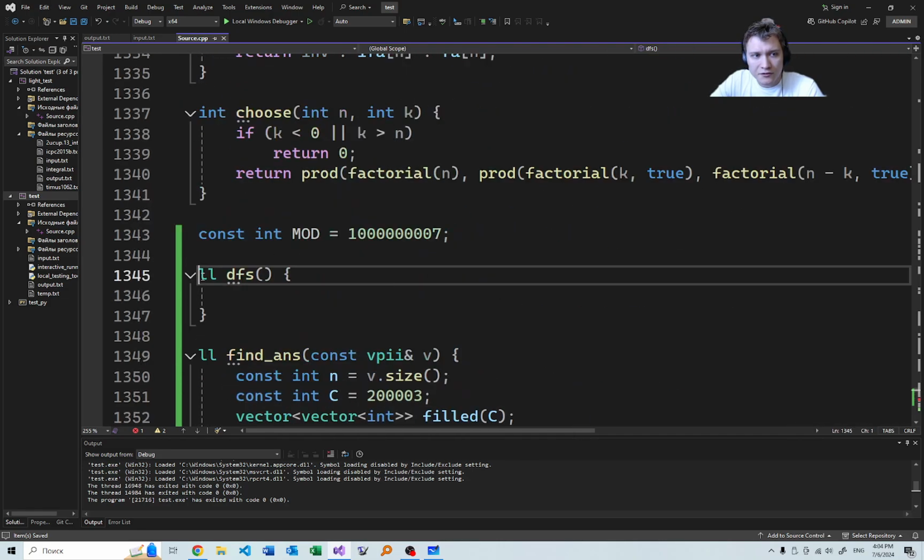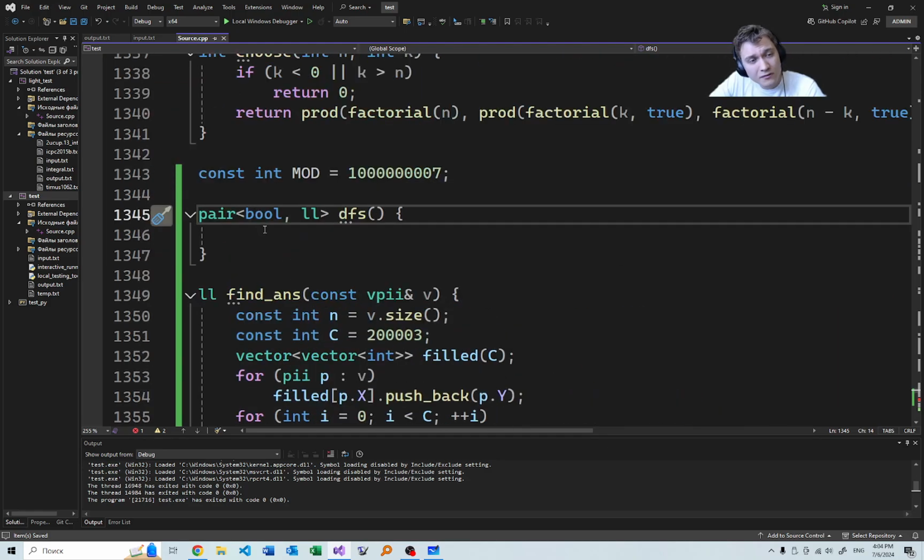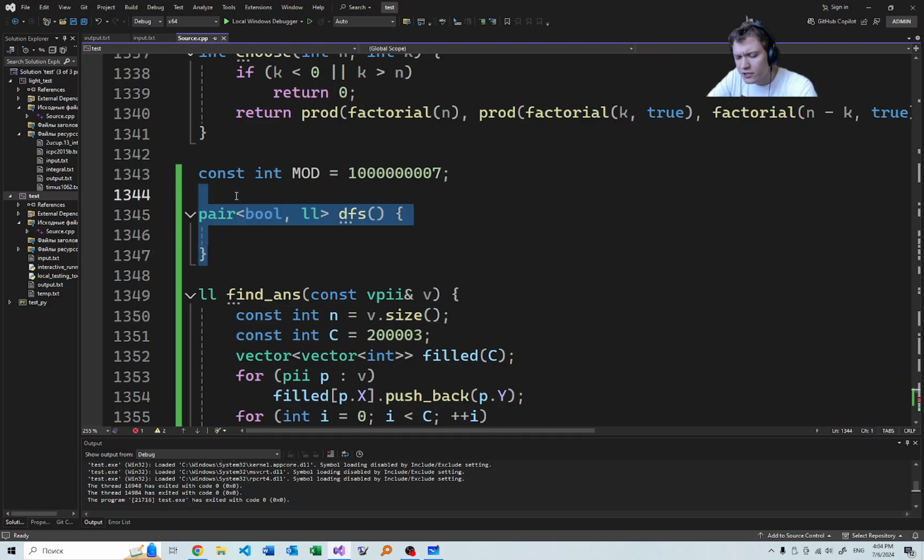Actually, DFS will return a pair of bool and ll. Bool is true if... actually I don't want it like this.